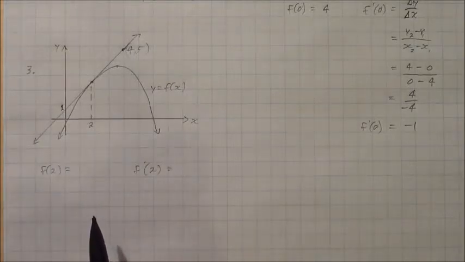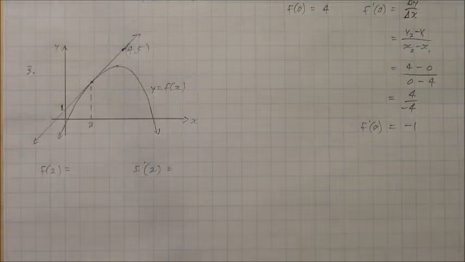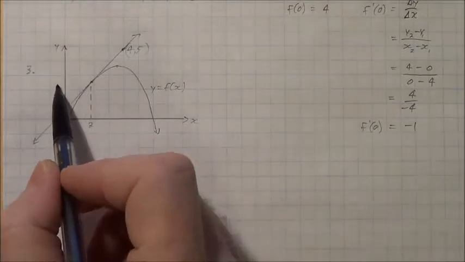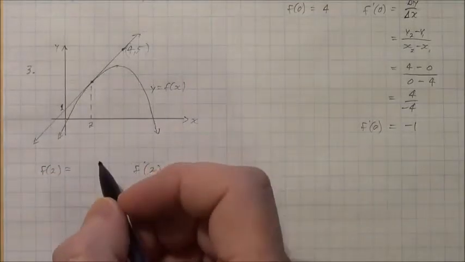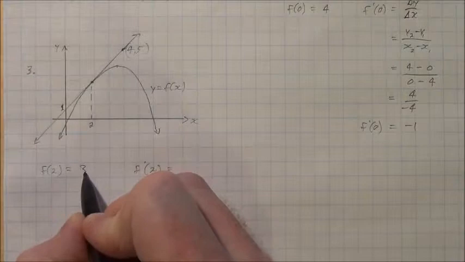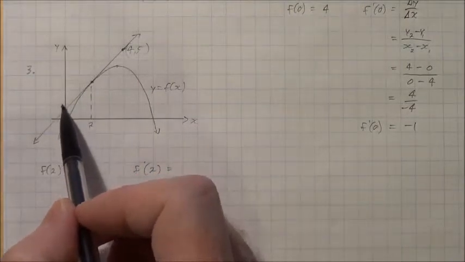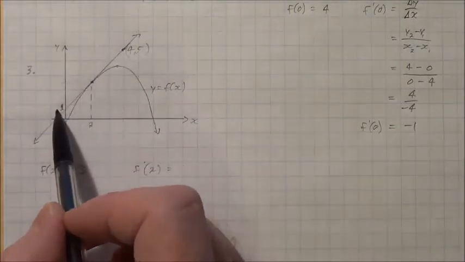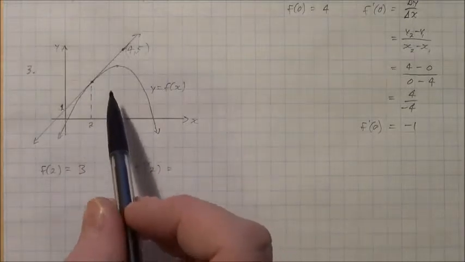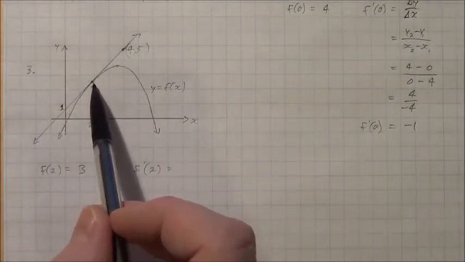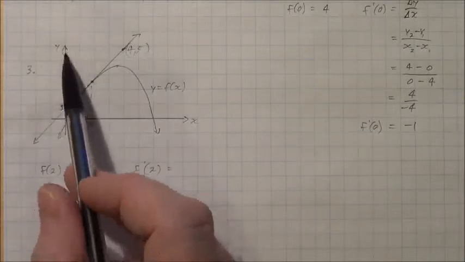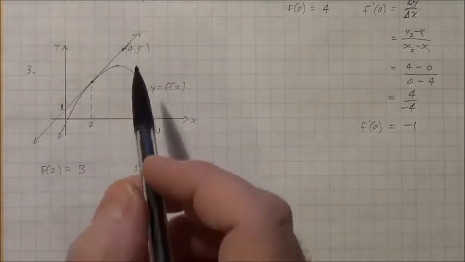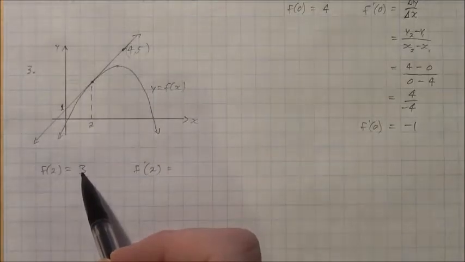Well, f of 2, when I look at the function, I'm just sort of estimating here. f of 2 is going to be 3, because it looks like it's halfway between 1 and 5. Maybe not from my sketch, but in the diagram in the book, that's the way it looks. So f of 2 is halfway between 1 and 5. So we'll be able to say that f of 2 is 3.